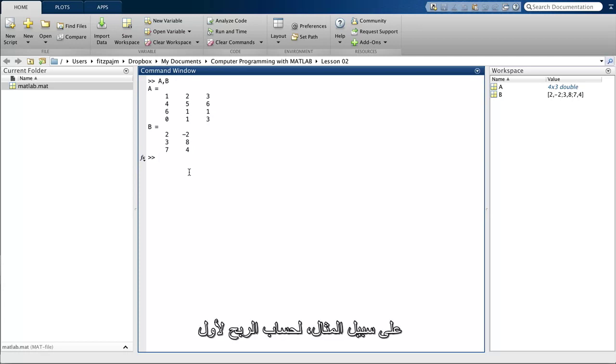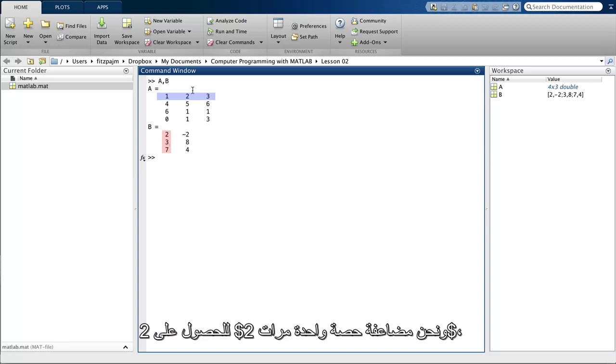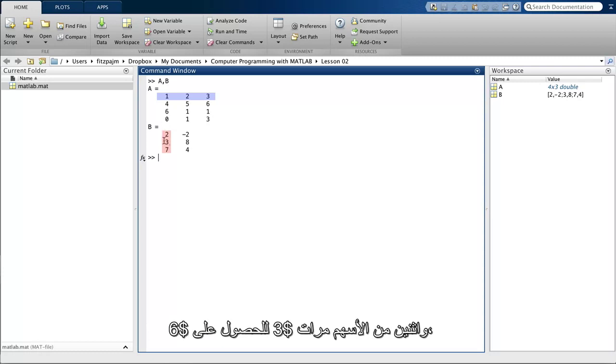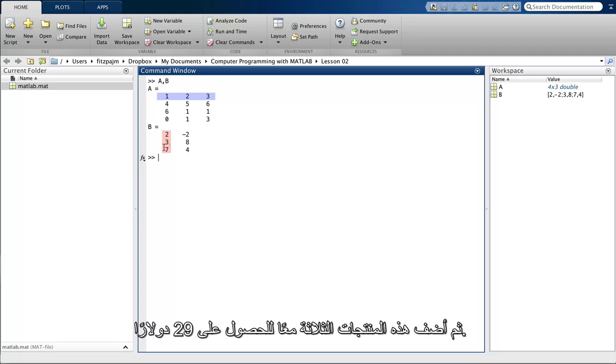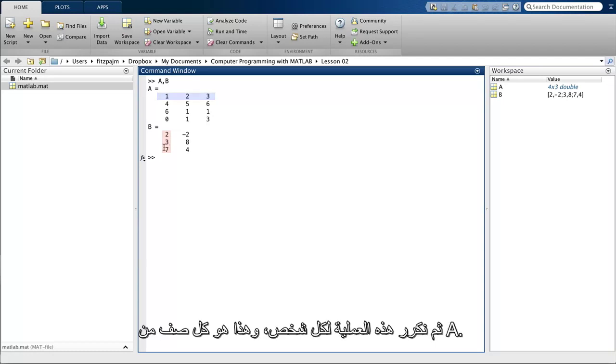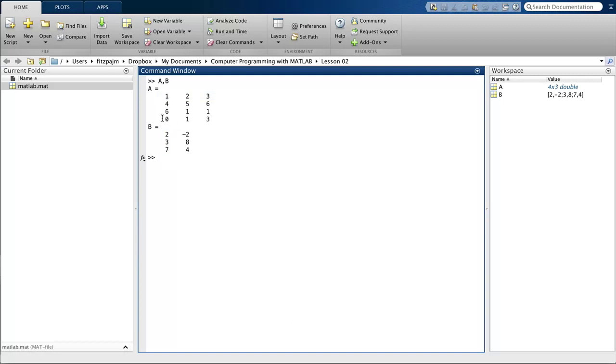So, for example, to calculate the profit for the first person on the first day, we would multiply 1 share times $2 to get $2, and 2 shares times $3 to get $6, and 3 shares times $7 to get $21, and then add these 3 products together to get $29. Then we'd repeat that process for each person, that's each row of A, and each day, that's each column of B.